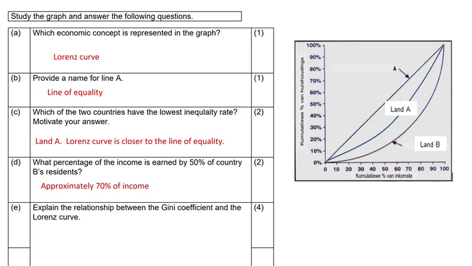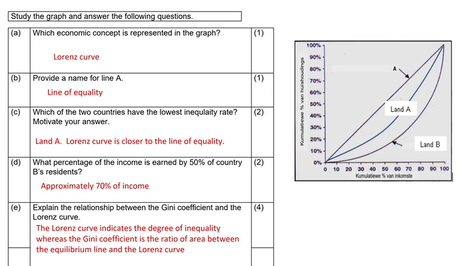So they earn approximately 70% of income. 50% of country B, they earn, if you go across, not 70, it's more like 10% of the income, sorry.